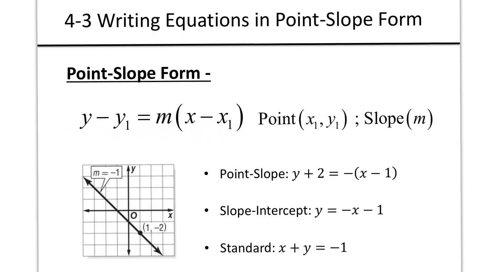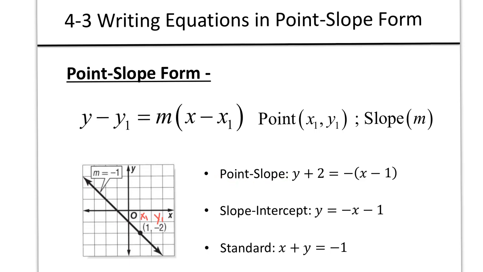Now, when you want to write the point-slope form using this, and I'm going to say formula, but it's just a form for the linear function, you can substitute the x and the y into the formula, and you substitute the m. So I'm going to label this so you understand where the numbers go. I'm going to say this number is x1 for the point, and this number is your y1 for the point. So notice that I already have my point-slope form here.